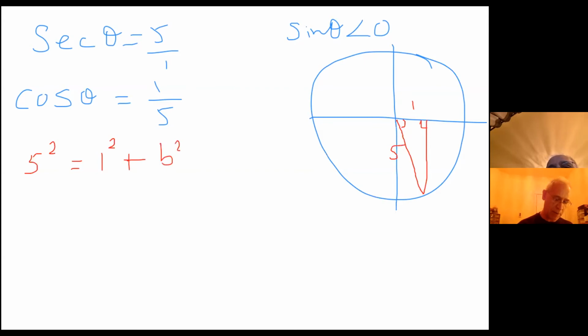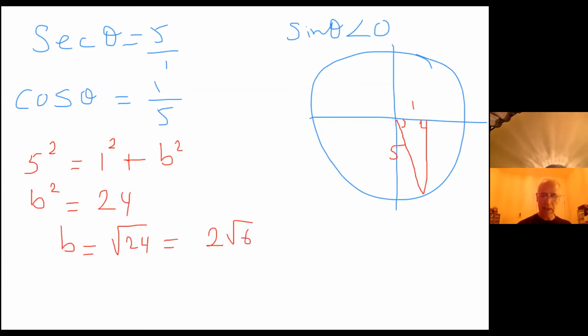So b squared equals 24, and b equals square root of 24, which is 2 root 6. Remember that this is in quadrant 4, so this value right here is negative. So negative 2 square root of 6.